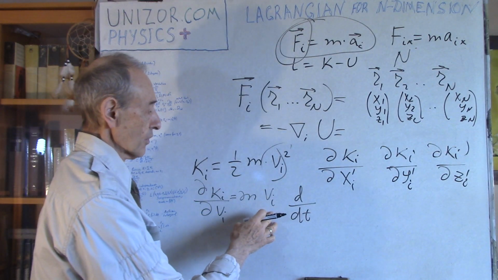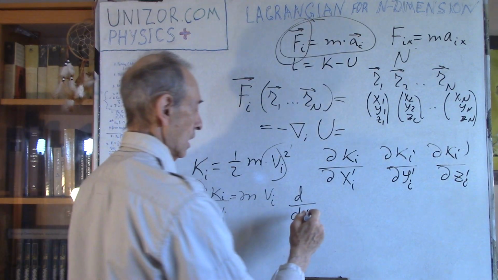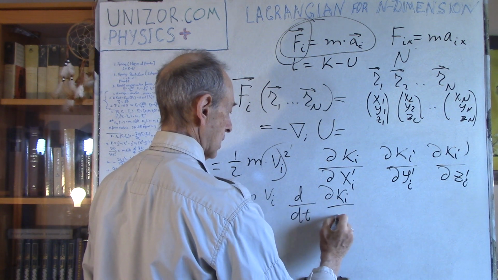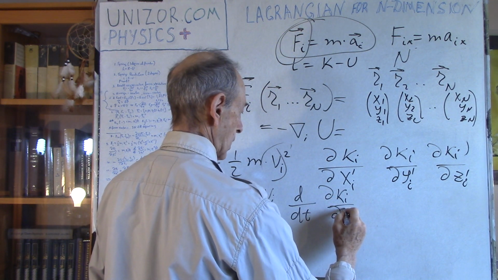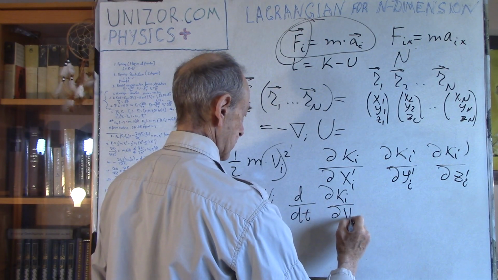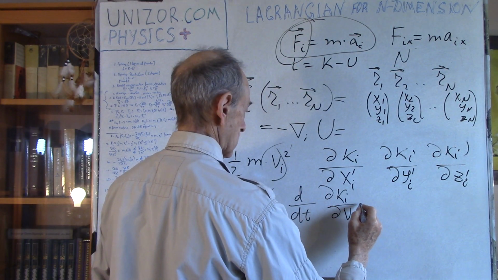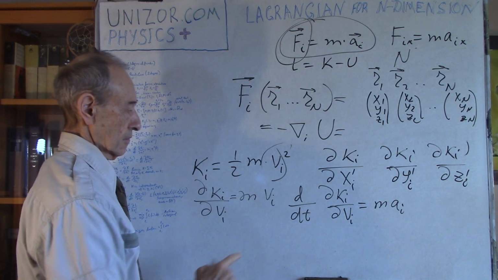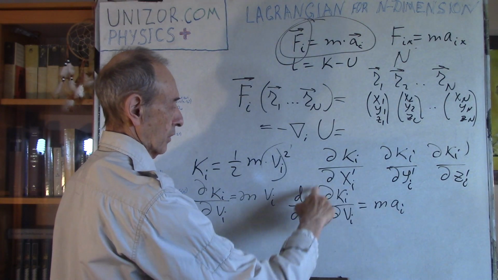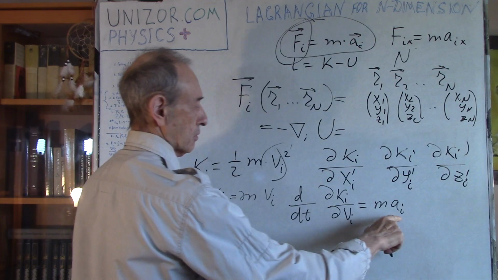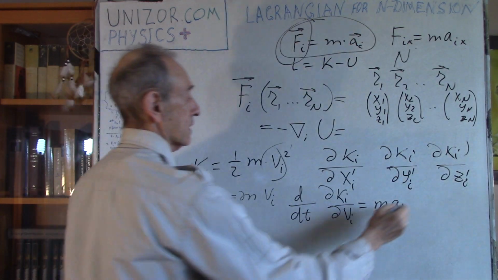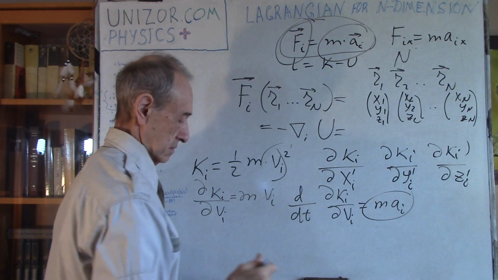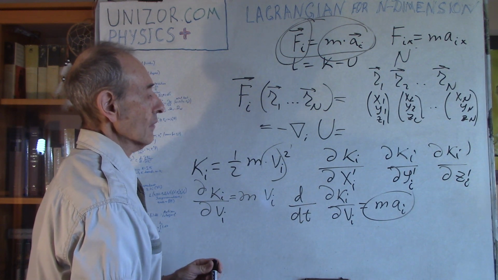But now I would like to convert speed into acceleration, and that's why I will have differentiation by time of dK_i by dv_i, and that would be m a_i, right? Because differentiation by time of m v_i gives m a_i. And this is exactly this part. Again, we can do it by coordinates, but it doesn't really matter right now.